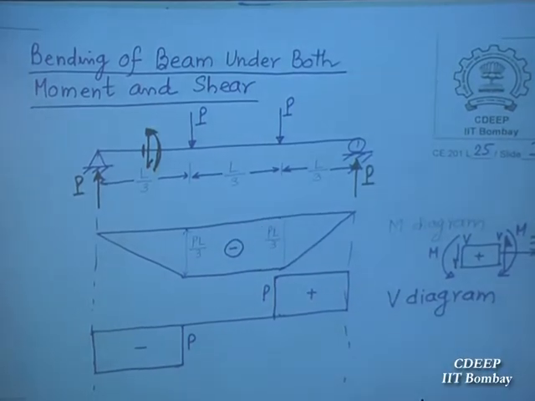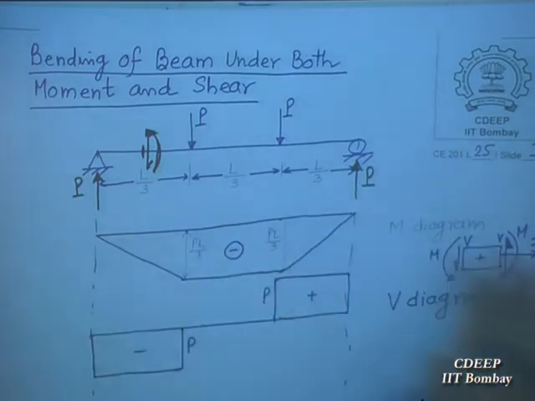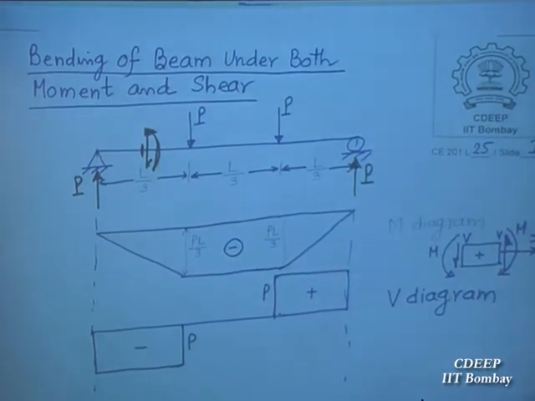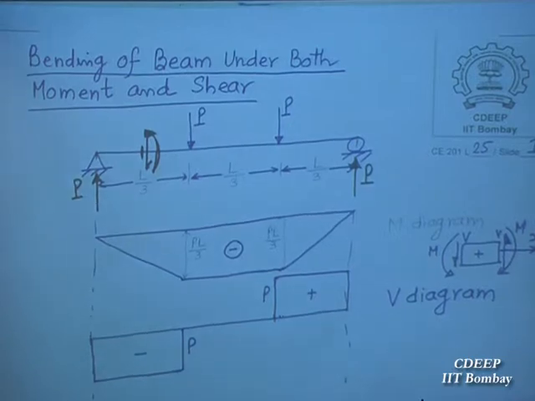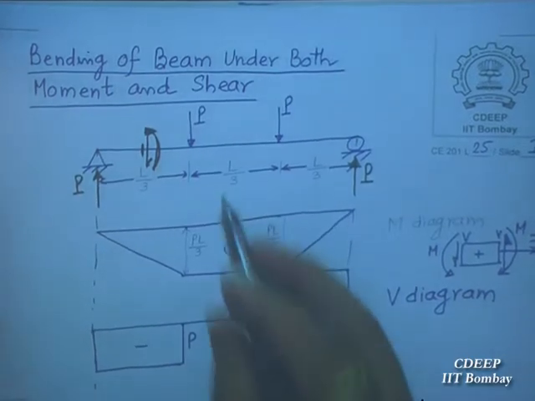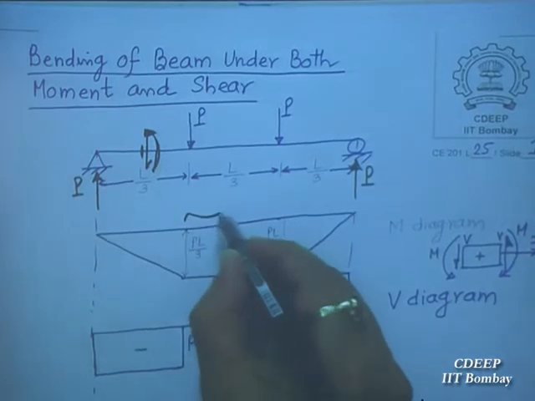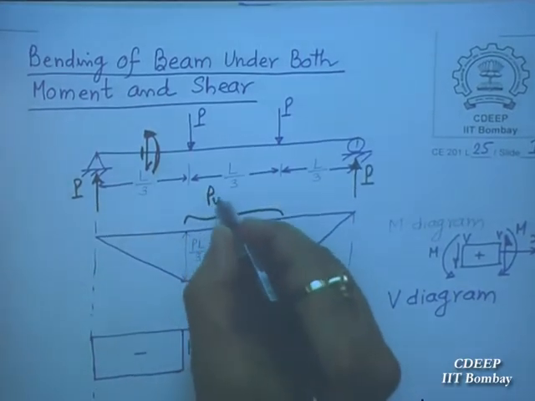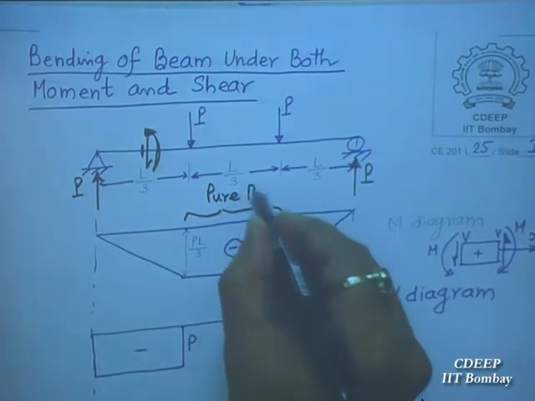So you see here that the entire length of the beam is not subjected to pure bending moment. Which portion is subjected to pure bending moment? Only the central portion, L/3. This is only subjected to pure bending. There is no shear here.